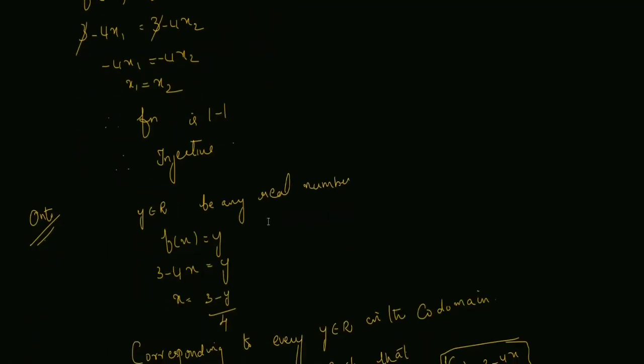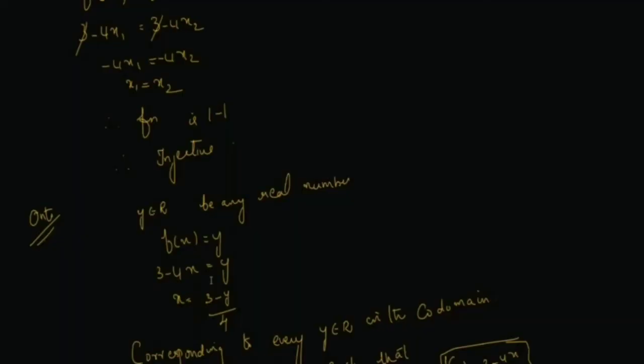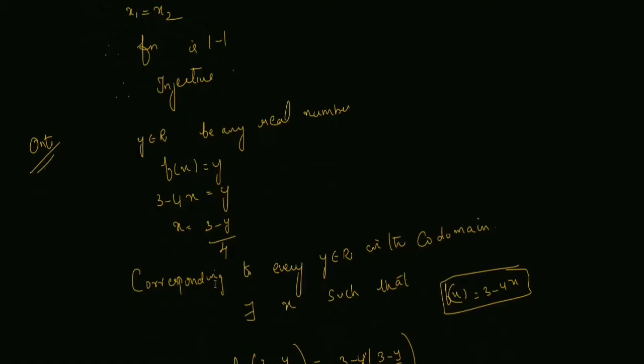How do you prove it is onto? The function is given as y is 3 minus 4x. So you have to write x in terms of y. So x is equal to (3 minus y) by 4. Now we have to prove for every y belongs to R in the codomain, f of x is equal to y.